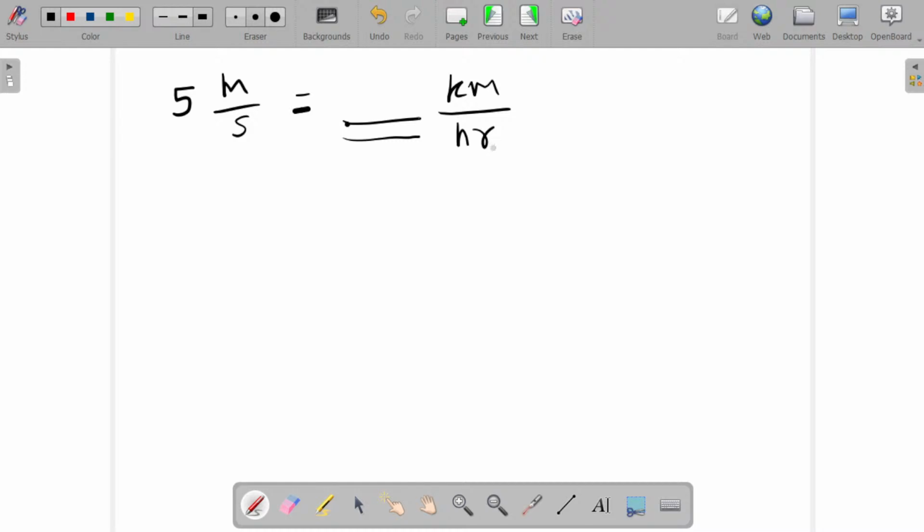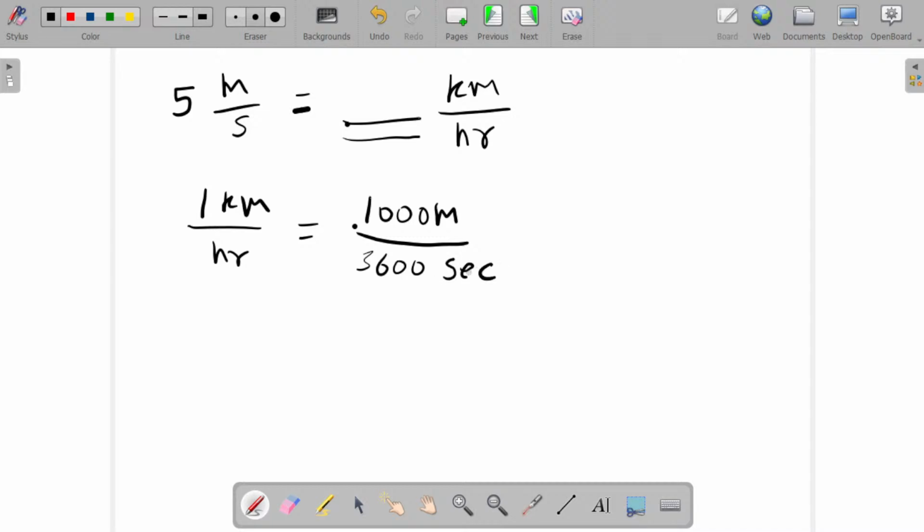Let's write 1 kilometer per hour equals 1000 meter over 3600 second. Let's solve it.